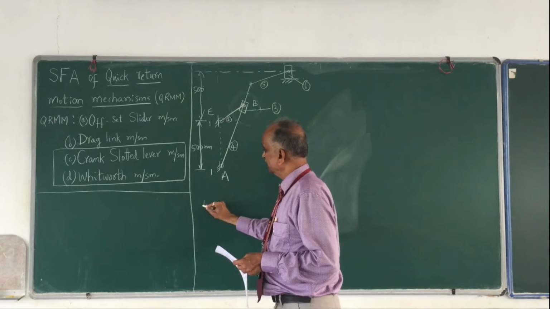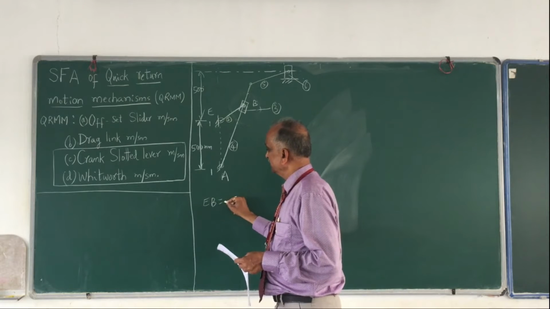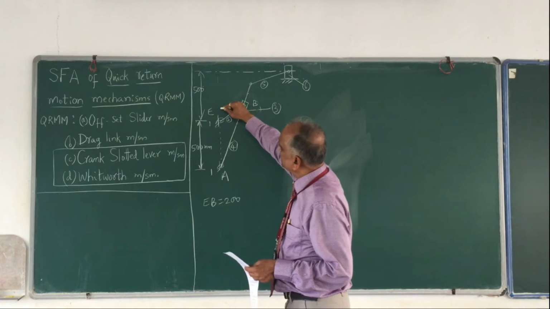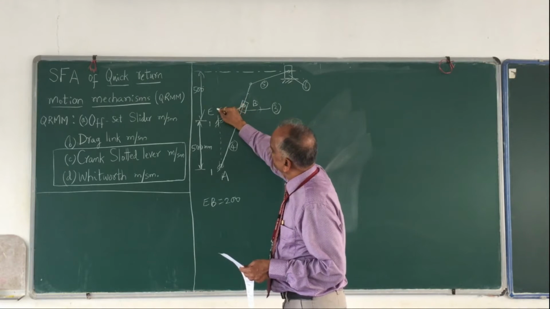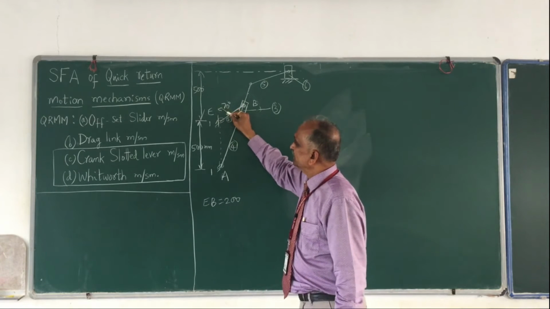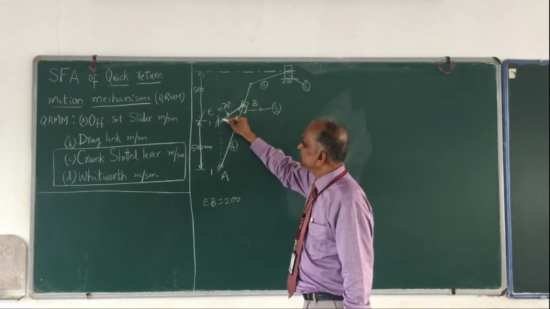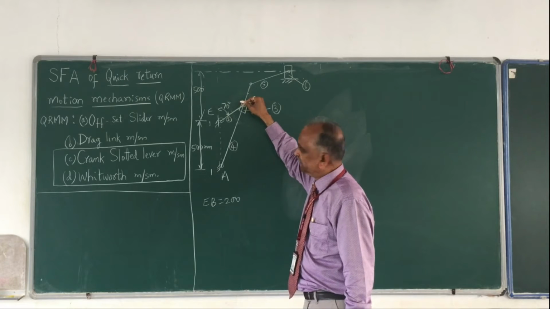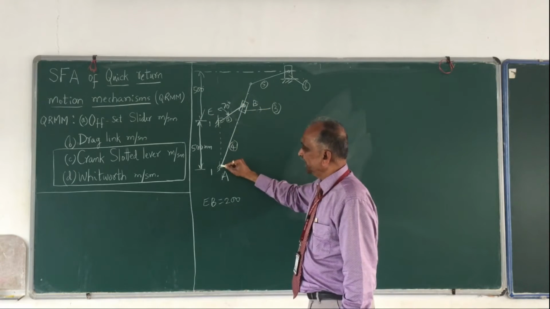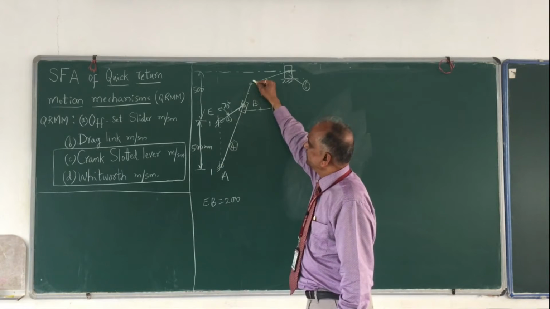Then EB is given as 200 mm, and this angle is given as 70 degrees. So mark 70 degrees here and measure this 200 mm and mark this point B. Point B is marked.